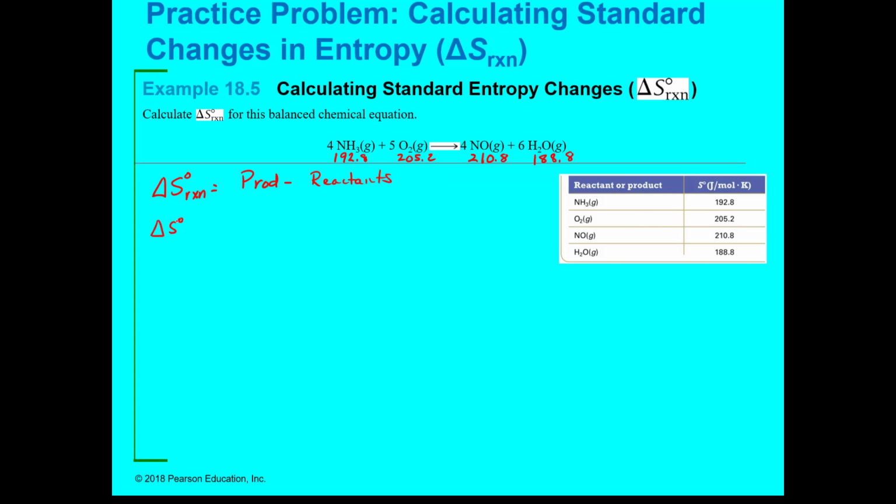So delta S0 of the reaction is going to equal 4 times 210.8, plus 6 times 188.8, minus, because that's my products minus reactants, 4 times 192.8 plus 5 times 205.2.